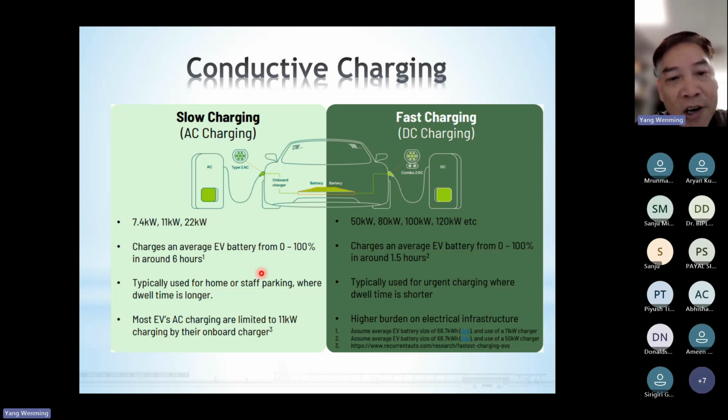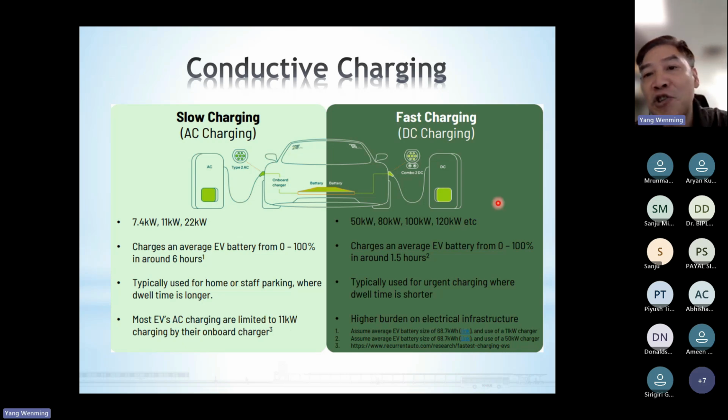Usually charging an electric vehicle from 0% to 100% takes about 6 hours. This kind of charging method is typically used for home or stop parking, where parking time is longer, correct? And most EV AC charging is limited to 11 kilowatts.